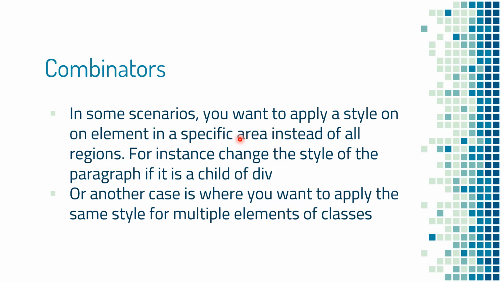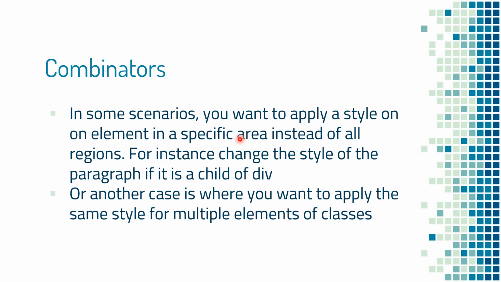So another selector, which is the combinator. The combinator is a way of combining multiple styles into the same one. In some scenarios, you want to apply a style on an element in a specific area instead of all the regions.